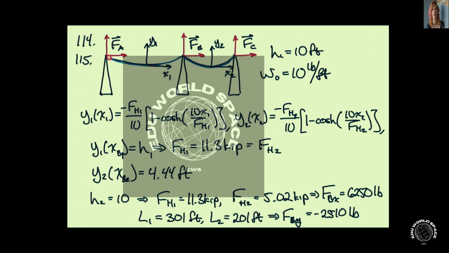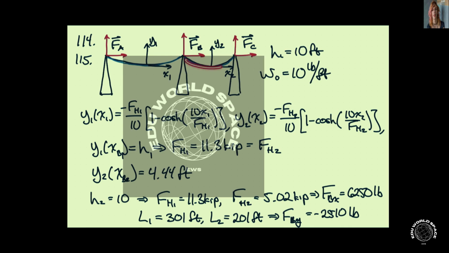So about an extra foot, which is kind of interesting because this thing sags 10 feet, which seems a lot, but the cable is actually only 1 foot longer than the distance between these towers.